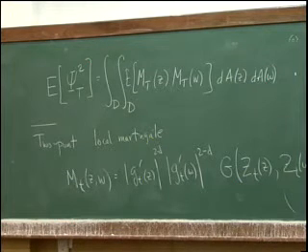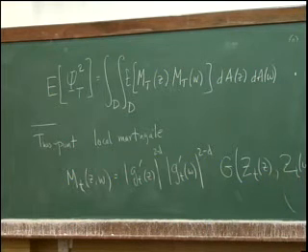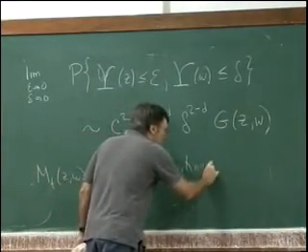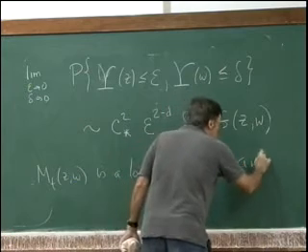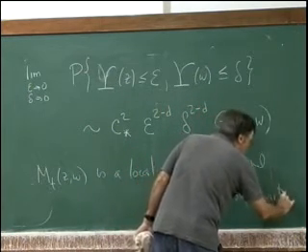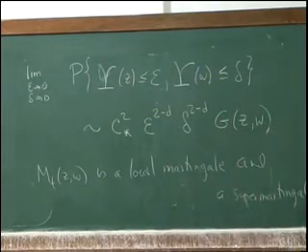However, from this theorem, we can conclude that M_t(z,w) is a local martingale. It's a positive local martingale, therefore a positive supermartingale.